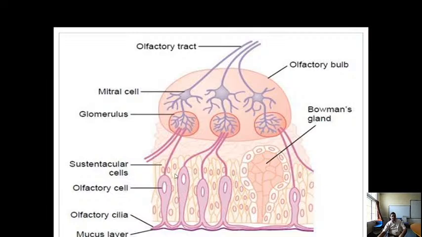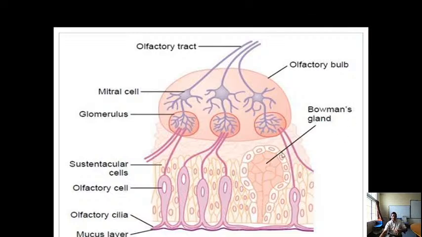These olfactory cells are supported by the supporting cells, and they send their impulses via the cribriform plate into the olfactory bulb, which consists of the glomeruli. From there the impulses travel via the mitral cells from the bulb to the olfactory tract. This basic structure of the olfactory epithelium you must know.